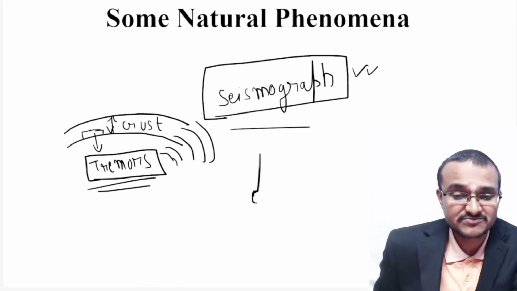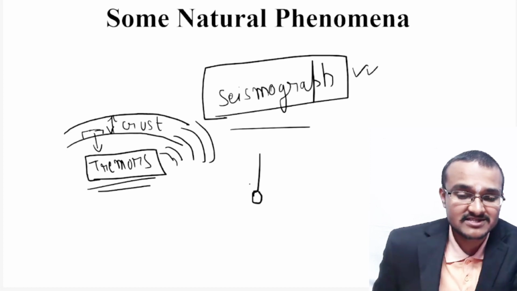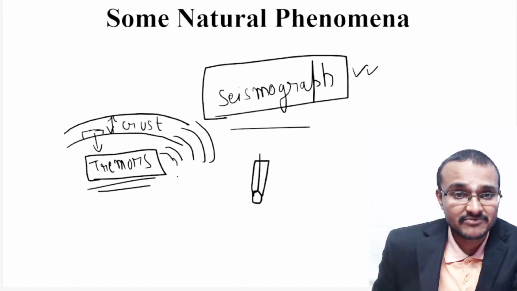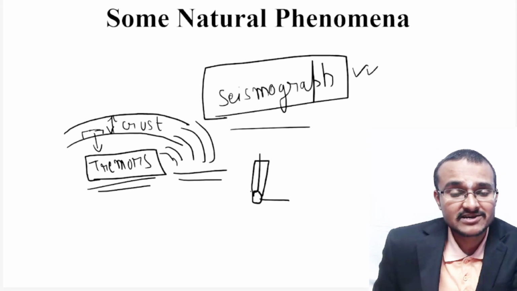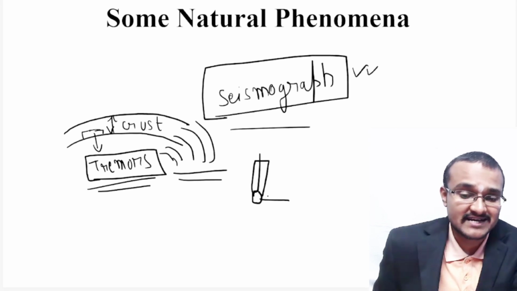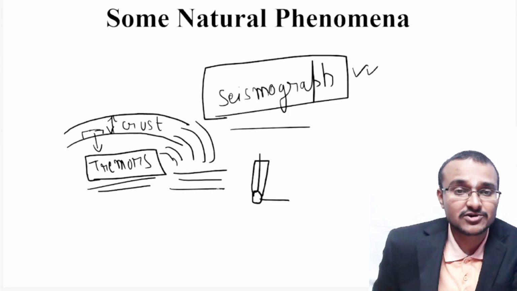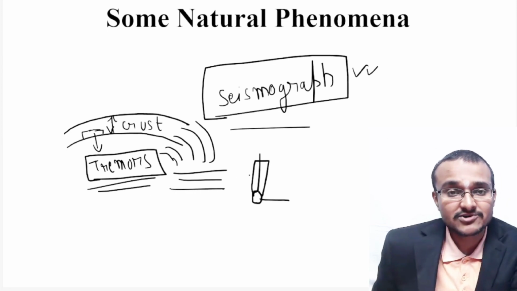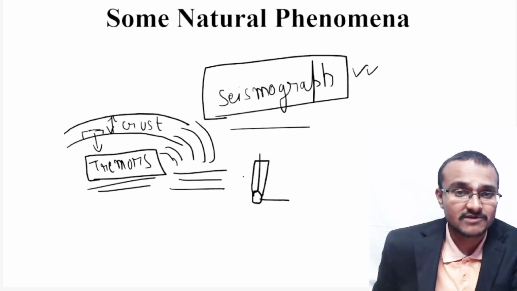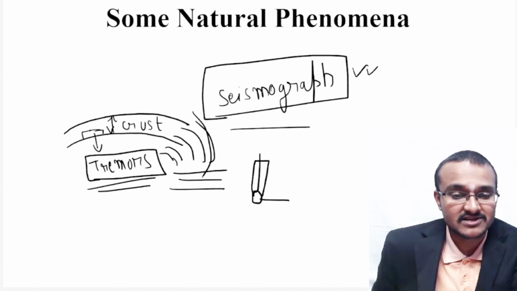In a seismograph, a pendulum or a vibrating rod is hung, and whenever this pendulum or vibrating rod vibrates due to the waves produced by the tremors, it is attached with a pen. Whenever waves are generated because of tremors in the earth's crust, the pendulum or vibrating rod will vibrate based on the intensity of the waves.